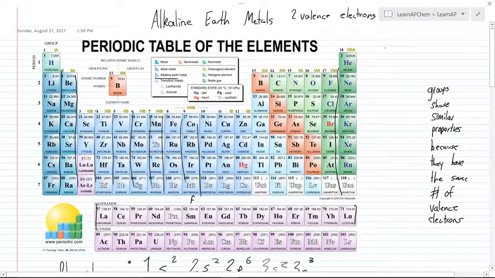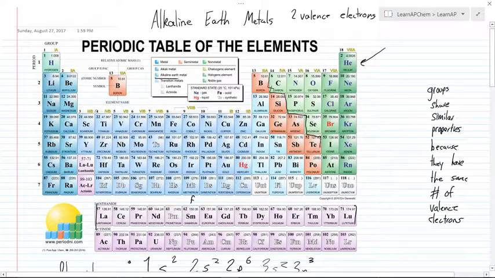So that's why helium is here and not here. Similarly, we have the halogens on the staircase and the semi-metals here. These share the same properties, but they're a little bit different. But in general, groups share the same properties on the periodic table, also valence electrons, with the exception of helium and hydrogen. So good question.